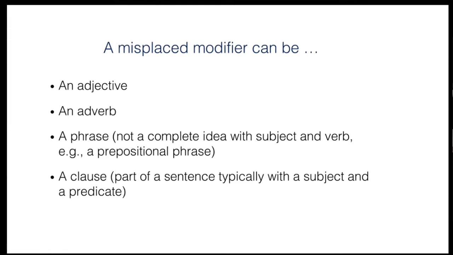So a phrase, right, it's not a complete idea with subject and verb. For example, a prepositional phrase. A clause is a part of a sentence, and it has a subject and predicate. And whether it's a dependent or independent clause, it can exist on its own or not. But yeah, a clause is part of a sentence.